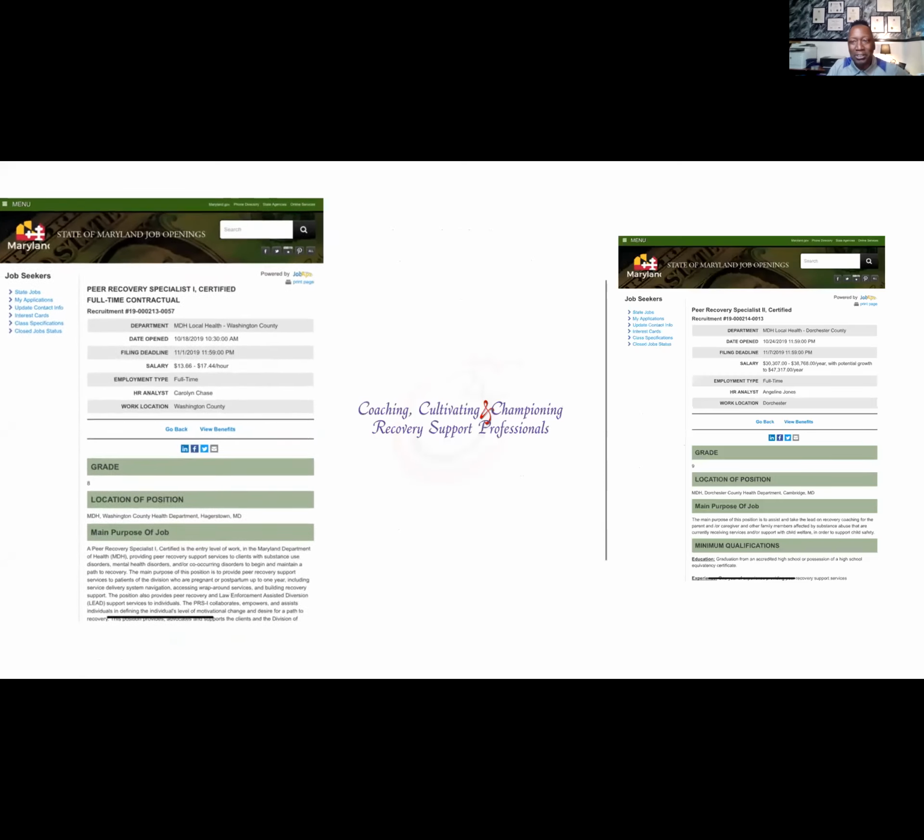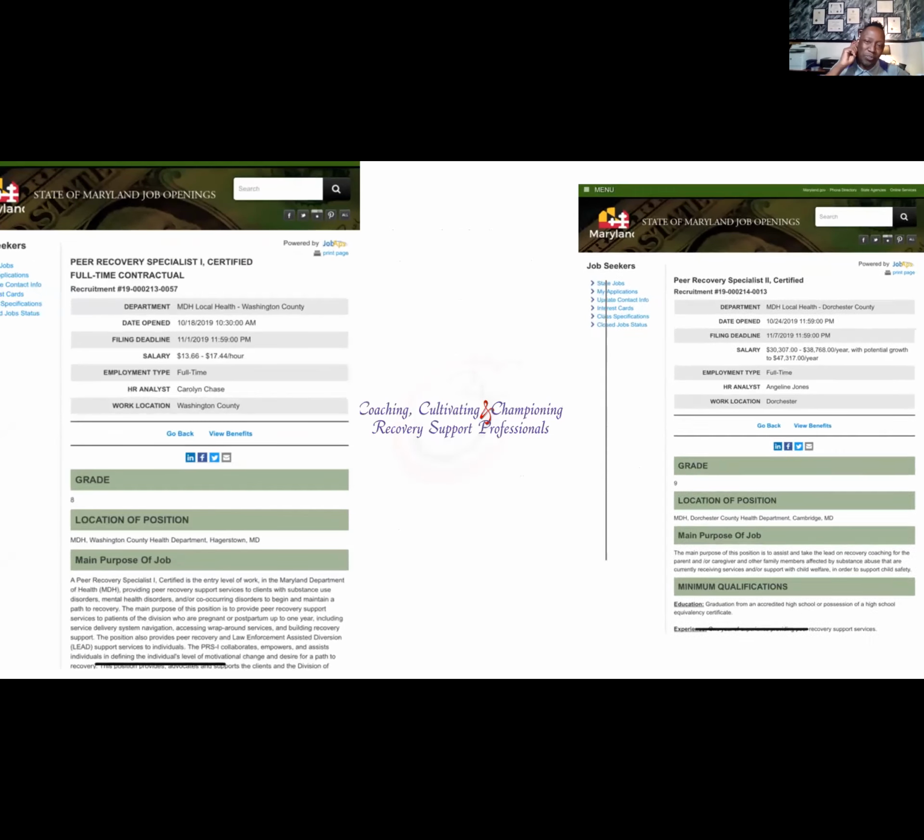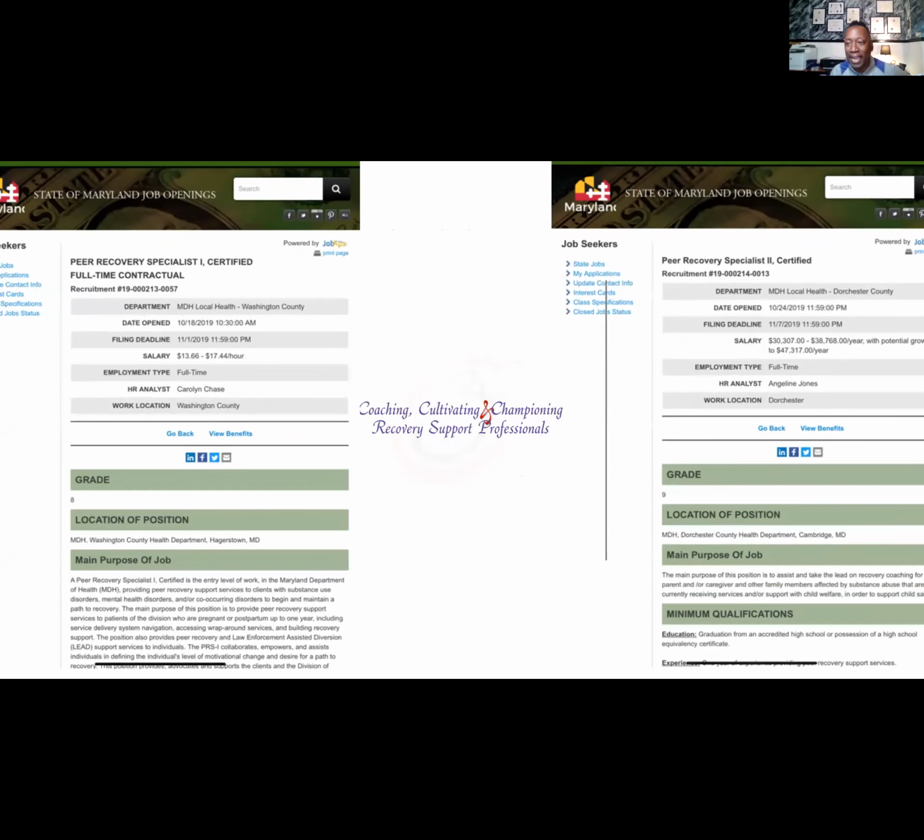So I wanted to look at two very different rates of pay and how they're structured. These job announcements are old ones from 2019, but both come through the Maryland Department of Health, which actually supports a lot of our local health departments.